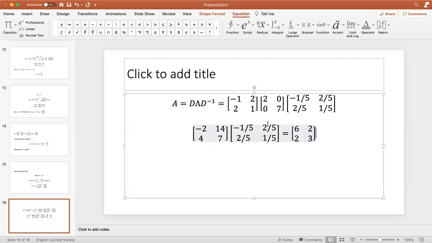And that proves that the symmetric matrix A, which is 6, 2, 2, 3, can be decomposed into its eigenvalues and eigenvector components. This is your modal matrix of eigenvectors, this is your matrix of eigenvalues, and this is the inverse of the modal matrix.